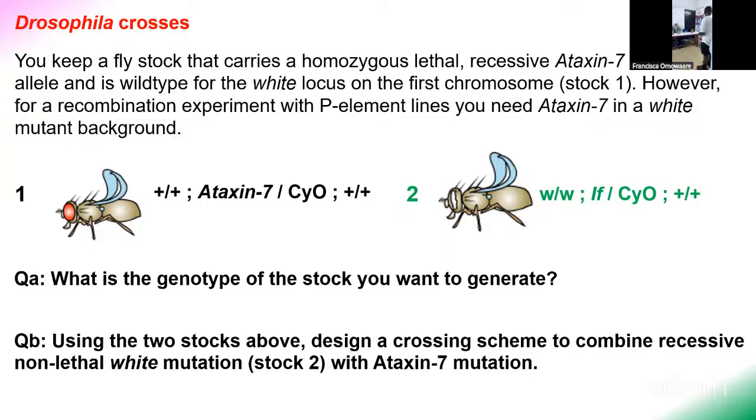A little bit of detail about this genotype: you've got your red-eyed animal. That shows you that it is plus over plus, because it is not white. Thank you so much, Aline. So it is actually plus over plus.